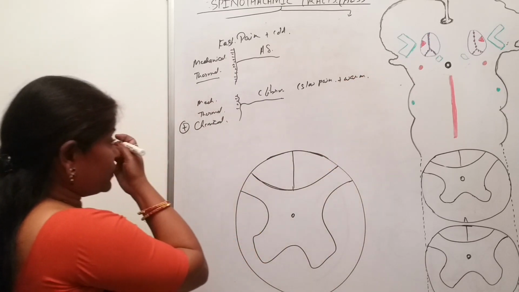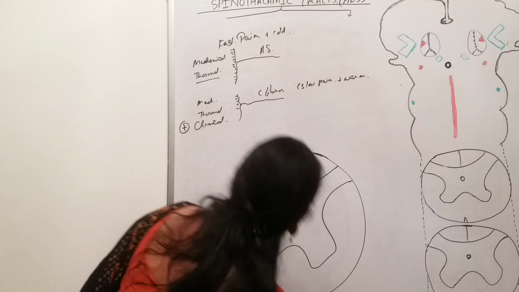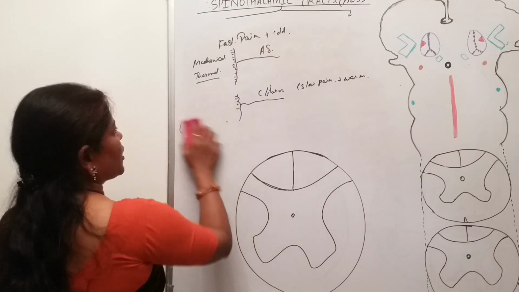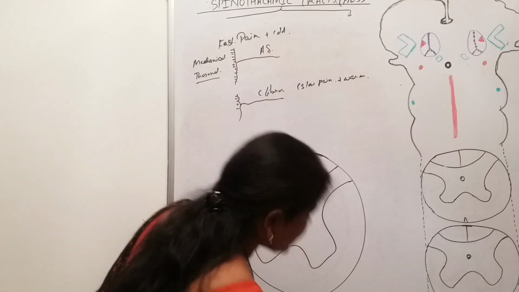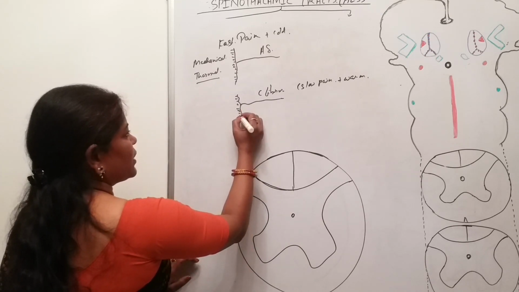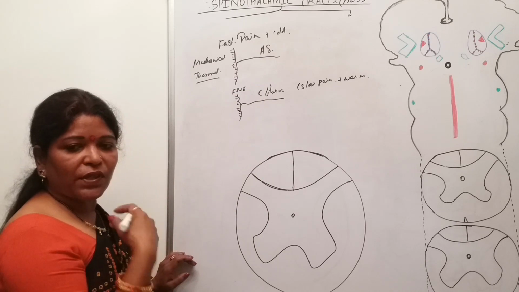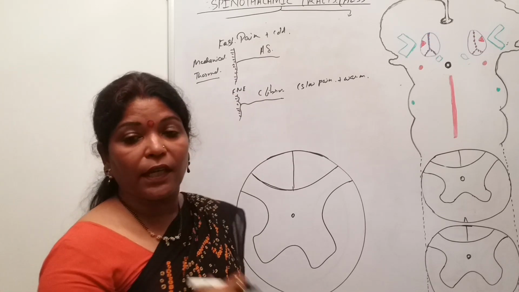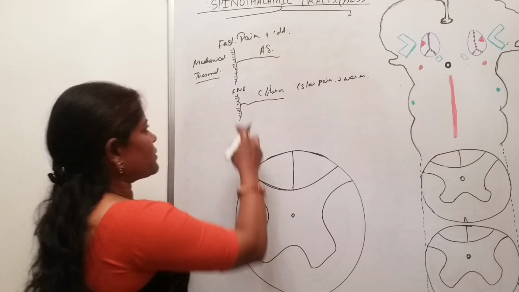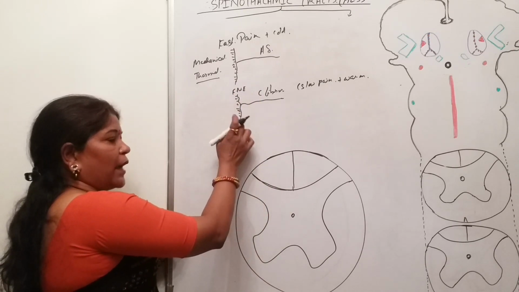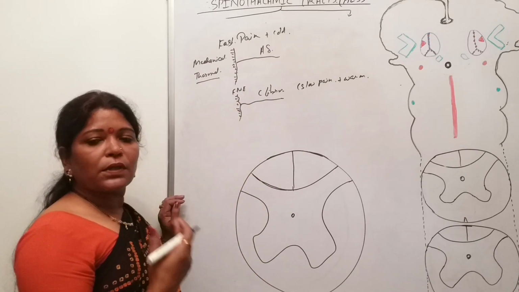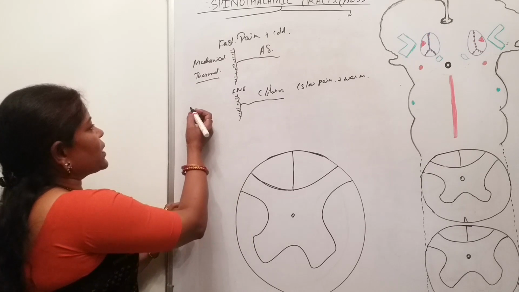Isn't it? So, what are those chemical substances which will excite these receptors, that is the free nerve endings? These free nerve endings are excited by the liberation of chemical substances. What are those substances?